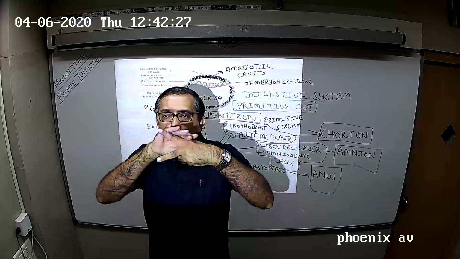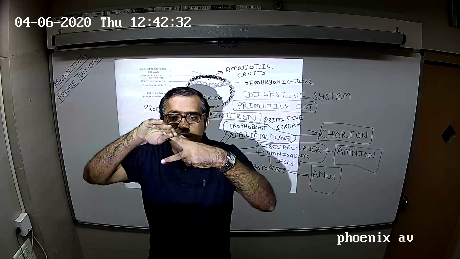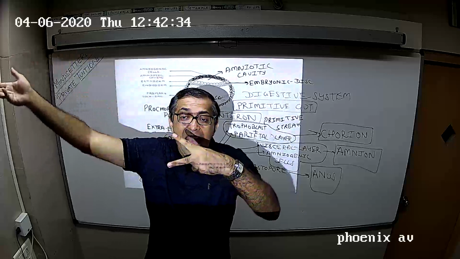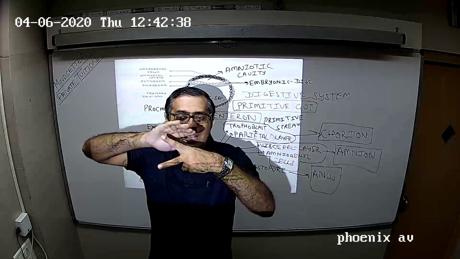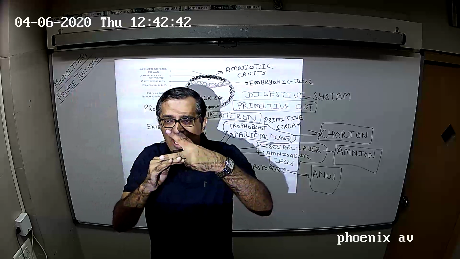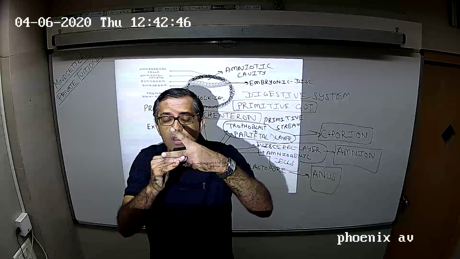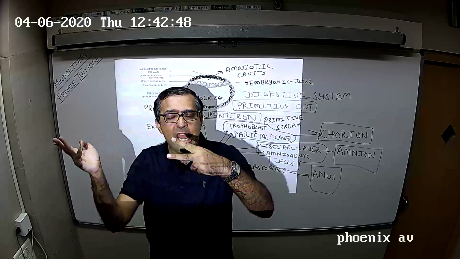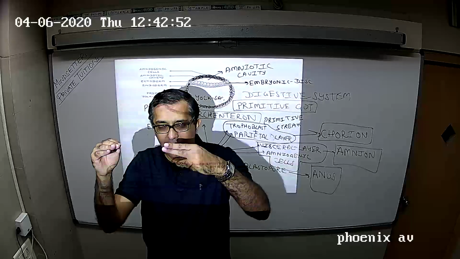The trophoblast with the parietal layer forms the future chorion. Trophoblast with the parietal cell form the future chorion. Amniogenic cells with the visceral layer form the future amnion. So we have chorion and amnion formed.